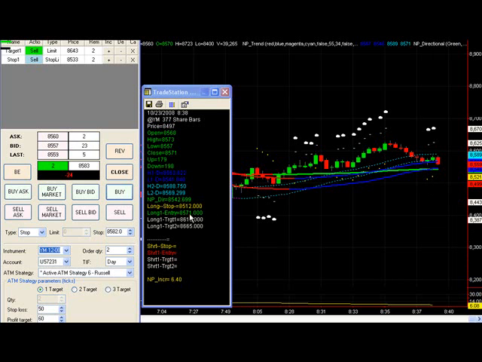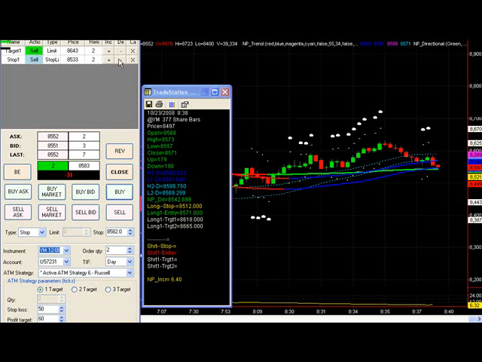I need to adjust my stop in the system. It's 85.12, so I need to bring this down to accommodate this trade. All right, so we're at 85.12, and I have my target way up here. The system calculates our target for us, 86.65. I'm going to bring that way up.